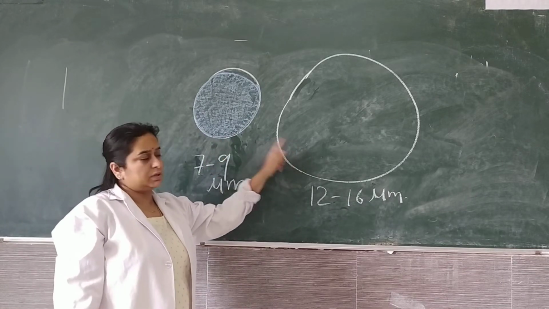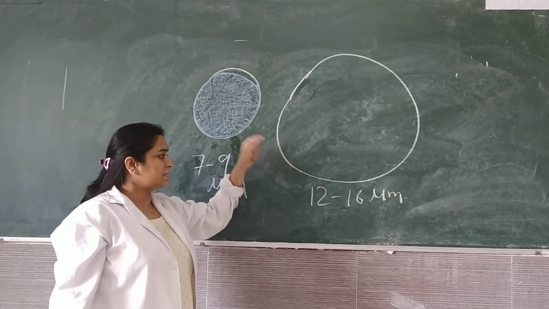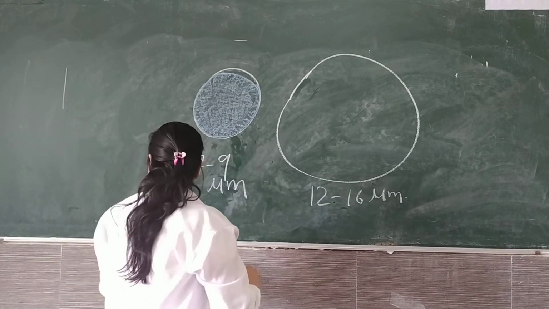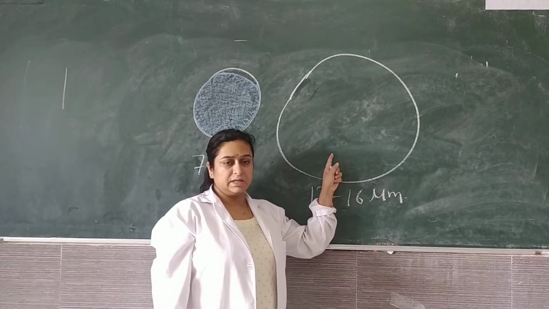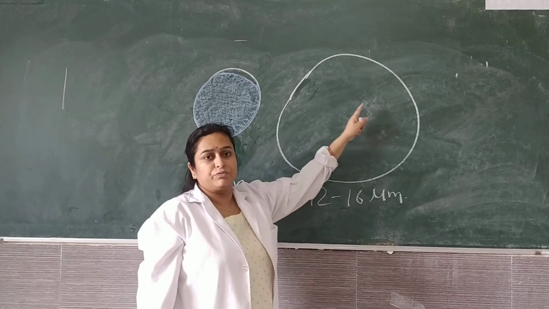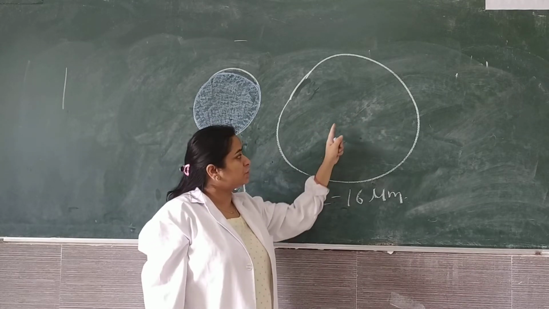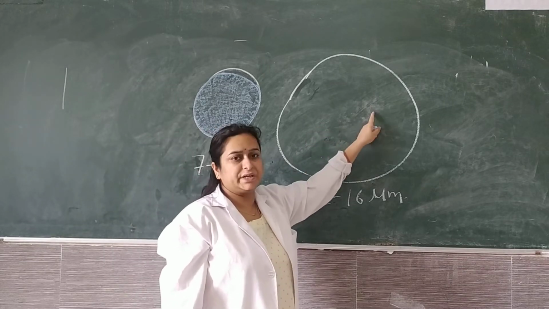When we talk about large lymphocyte, how do we differentiate? First is the size. The next important thing is the nucleus: in case of large lymphocyte, it is not going to fully occupy the cell. The ratio of the cytoplasm and the nucleus will be 80 to 20.